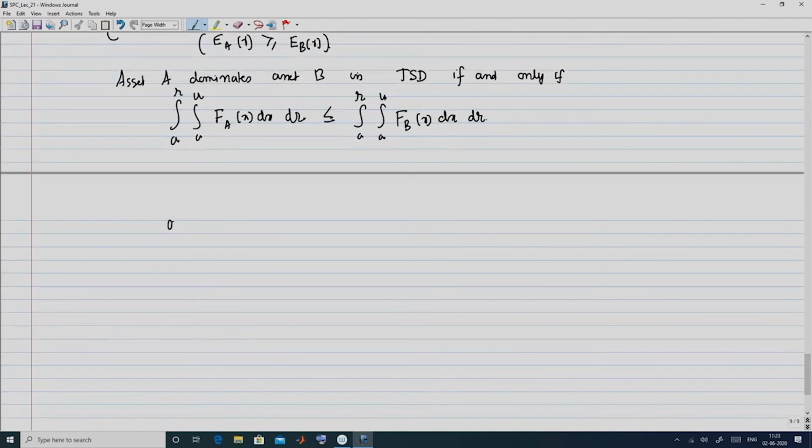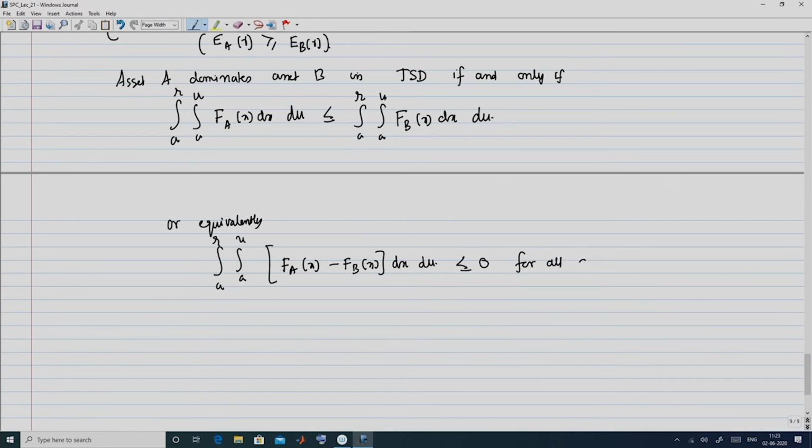Or equivalently, this can be written as the integral from a to r of the integral from a to u of f A of x minus f B of x dx du. So, slight correction, this must be less than or equal to 0 for all r in my range of returns a to b.